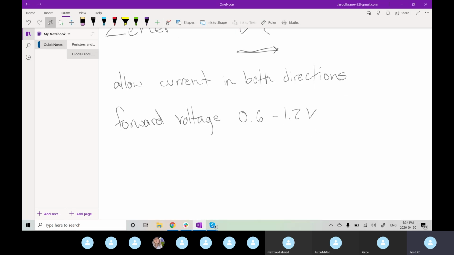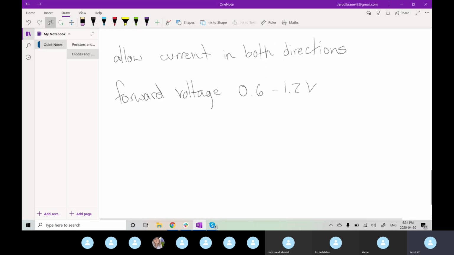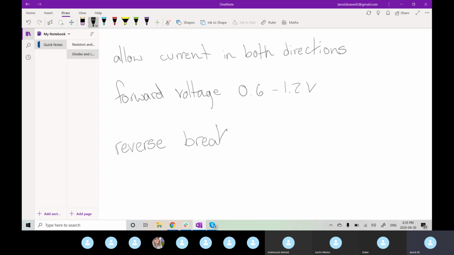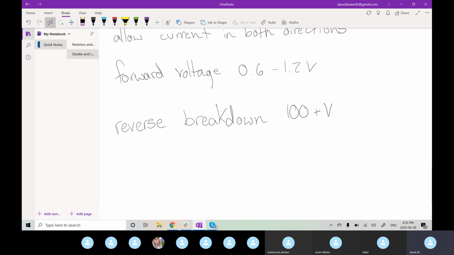Once you get past that 0.7 or whatever forward voltage, it'll allow current, and then they will have the same reverse breakdown at a couple hundred volts, like the general purpose does, but they also have what's known as the Zener voltage.